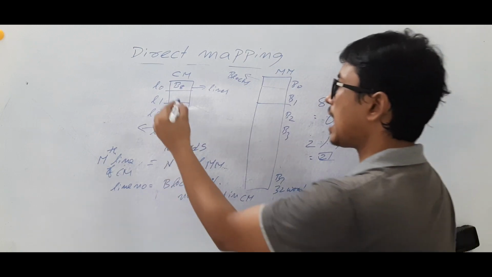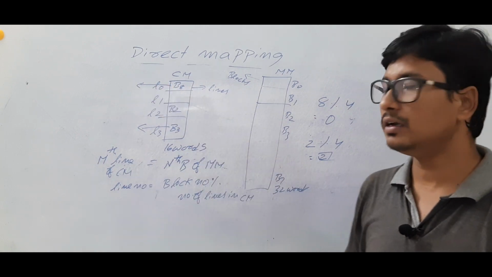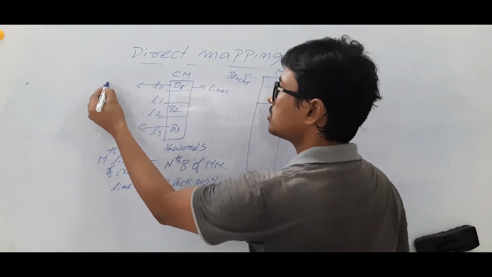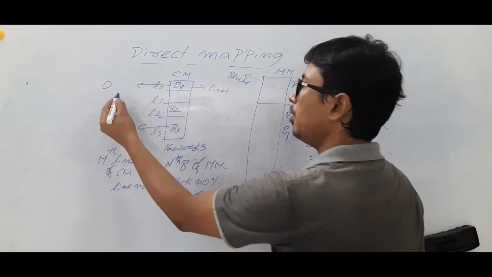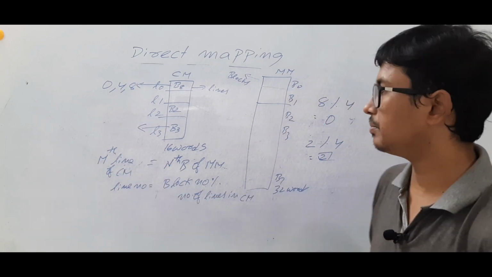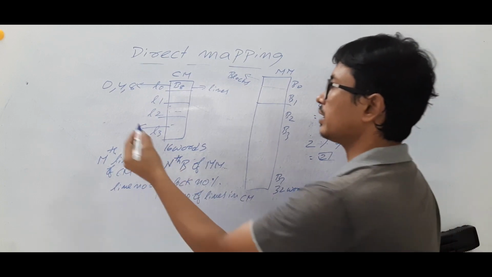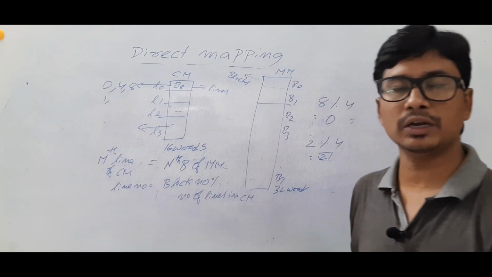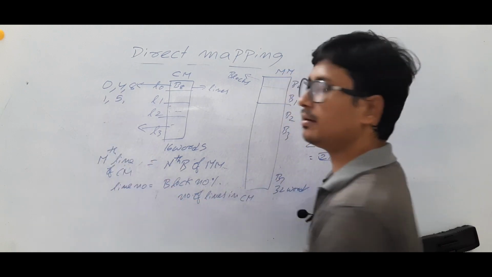Let me discuss which blocks can come into line number 0. Block 0 can come, am I right? Because 0 modulus 4 is 0. Block number 4 can come, and block number 8 can come in line number 0. What blocks can come in line number 1? 1 can come because 1 modulus 4 is 1, then 5 can come.